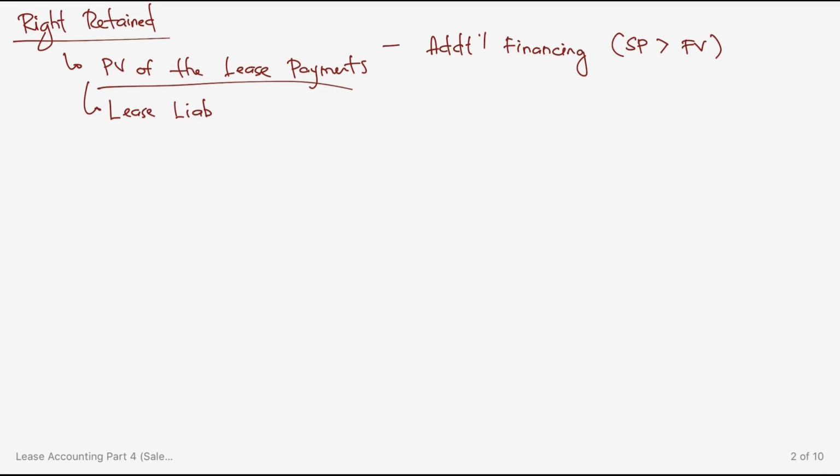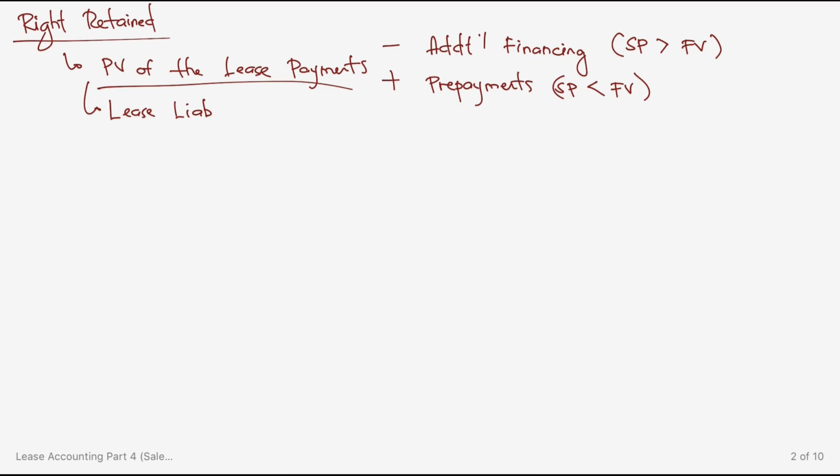Okay? Then, apparently, plus prepayments tayo. Again, plus prepayments, just in case na yung selling price naman this time will be lower than the fair value. So, if mas mababa naman yung selling price compared doon sa fair value, we assume na meron tayong prepayments.